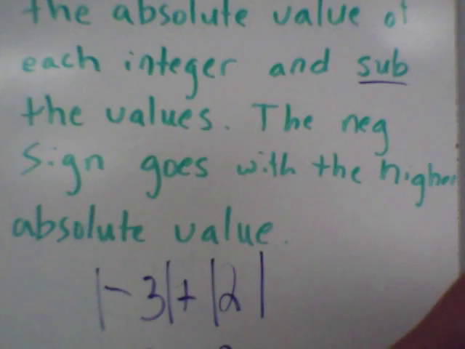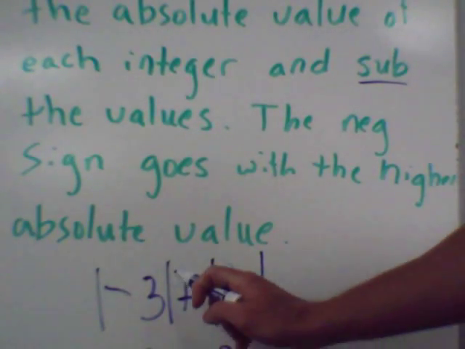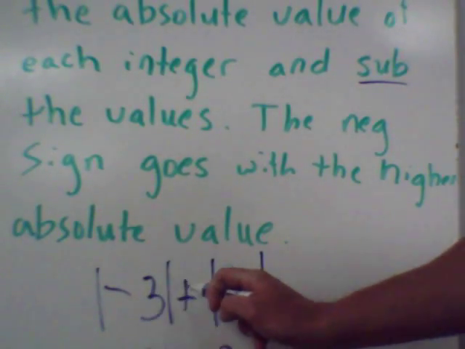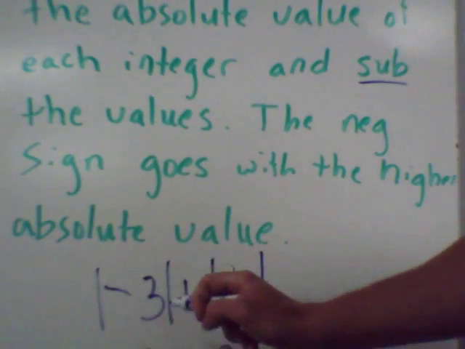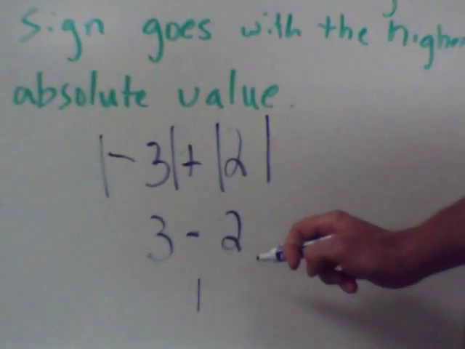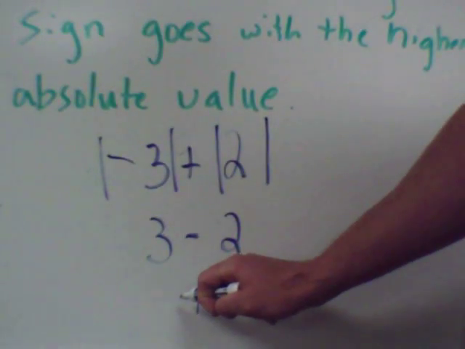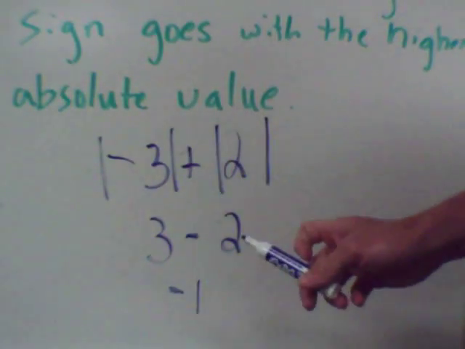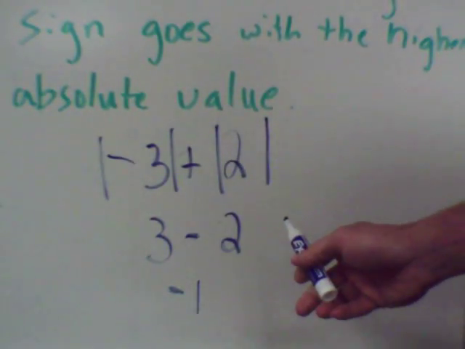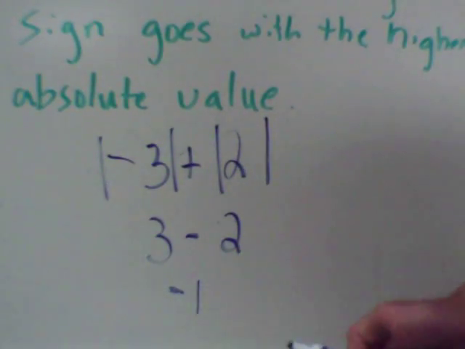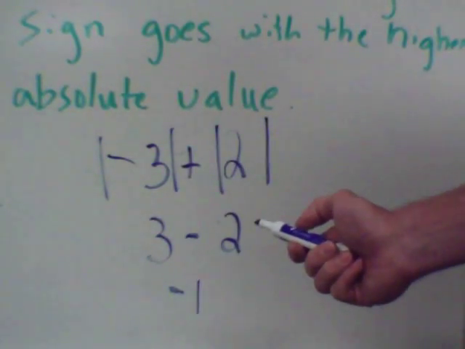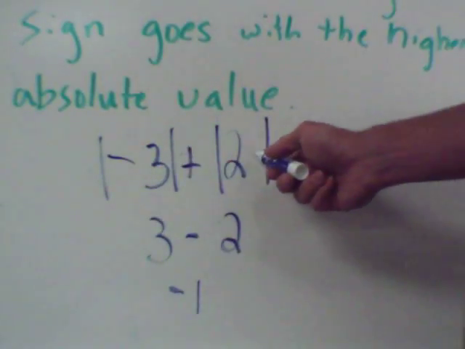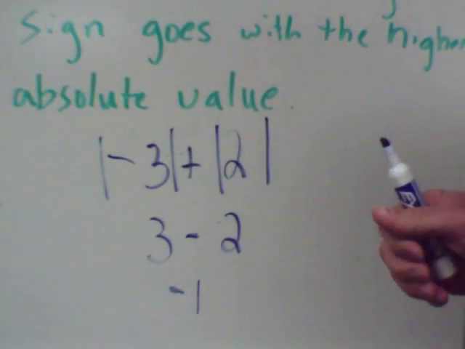Alright, 3 minus 2 is 1, and the number with the greater absolute value tells me if it's positive or negative. 3 is greater than 2, and 3 was negative in our original problem, so that's going to tell me that my answer is going to be negative. So if I owe someone $3 and I pay them back $2 of that, how much do I owe them still? I owe them $1. So it's a little tricky to think about that. Think about it in terms of money. Think about it in terms of temperature going down and then raising, and that may help you keep it straight in your head.